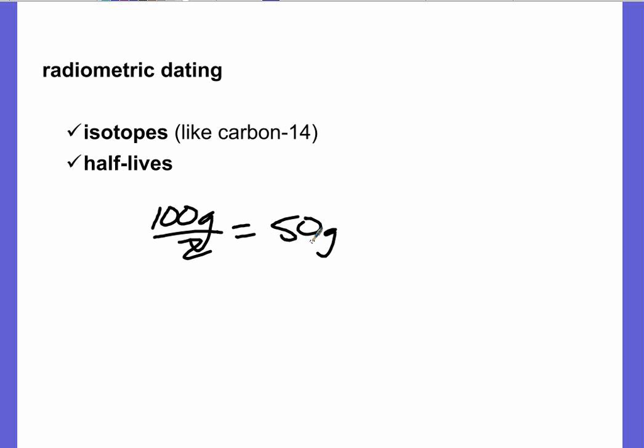After 2 half-lives, this is where it gets a little bit tricky, but not really. After 2 half-lives, I should have 25 grams left of the original. The only thing that you have to pay attention to here is that it's not the same amount that's lost every time. You just cut whatever you have left in half for every half-life. So I divided by 2 in the 100, it gave me 50.